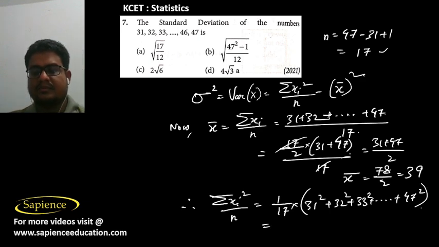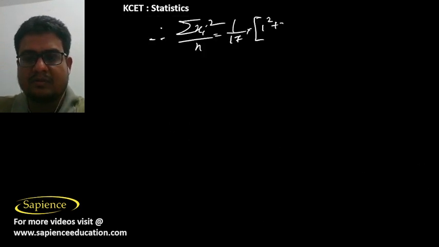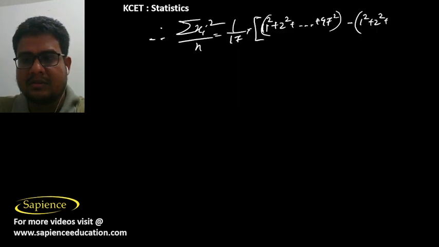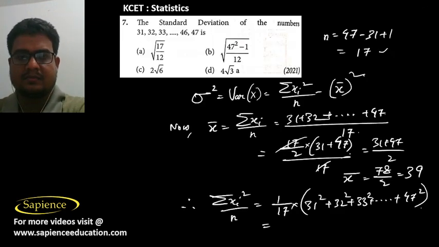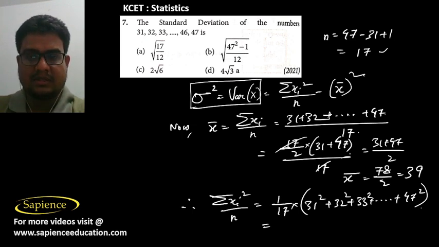So summation xi square by n is equal to 1 by 17 into, so I can write the squares of 1 square plus 2 square till 47 square, minus from this I can subtract the sum of the squares till 30. So here we have used the formula that square of the standard deviation is equal to the variance.